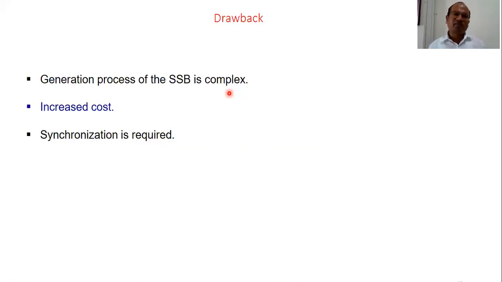Why is it complex? Because there is a need to generate the carrier signal at the receiver, and a problem arises from generating it. If you are not able to generate the exact carrier signal at the receiver, it requires synchronization. It creates a synchronization problem. When there is no synchronization between the transmitter and receiver, there would be difficulty in recovering the signal. We will not be able to accurately recover our original signal.